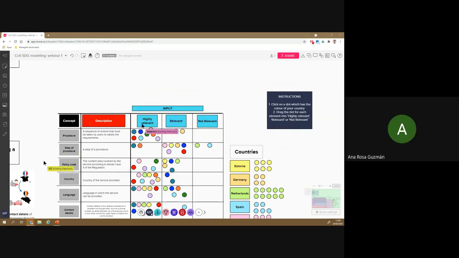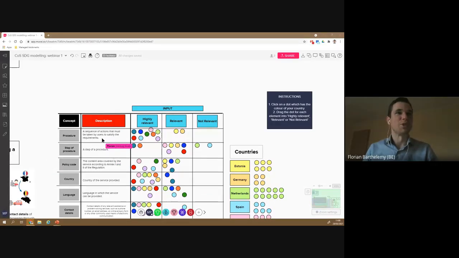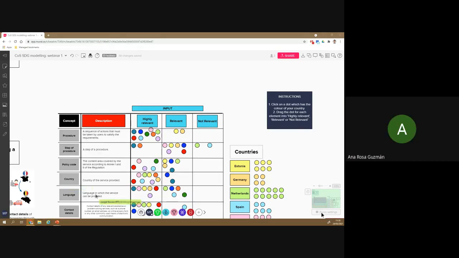In charge of a competent authority. Yeah, so you mean that's something we should consider, of course, while modeling, that a procedure should be linked to an authority. That's what you mean, Anna? Yes, because of the first discussion, whether the procedure has a broader scope, involving several competent authorities or not.